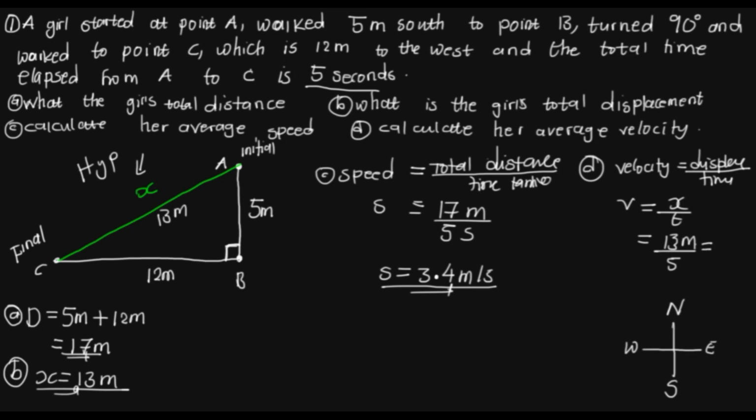So 13 divided by 5 is 2.6 meters per second. So this is how we can calculate the distance, displacement, speed, and the velocity.